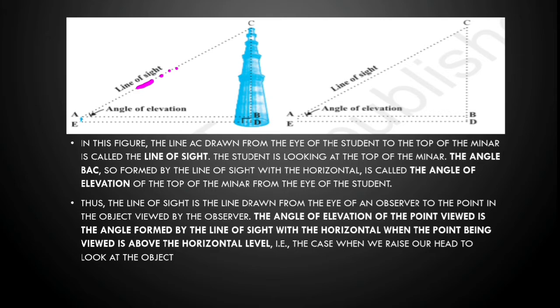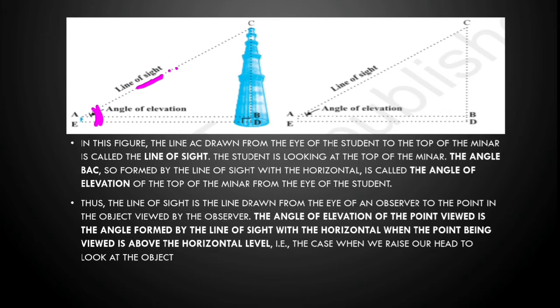The angle BAC so formed by the line of sight AC with the horizontal is called the angle of elevation. That means this BAC is the angle of elevation of the top of the Minar from the eye of the student. Thus the line of sight is the line drawn from the eye of an observer to the point in the object viewed by the observer.